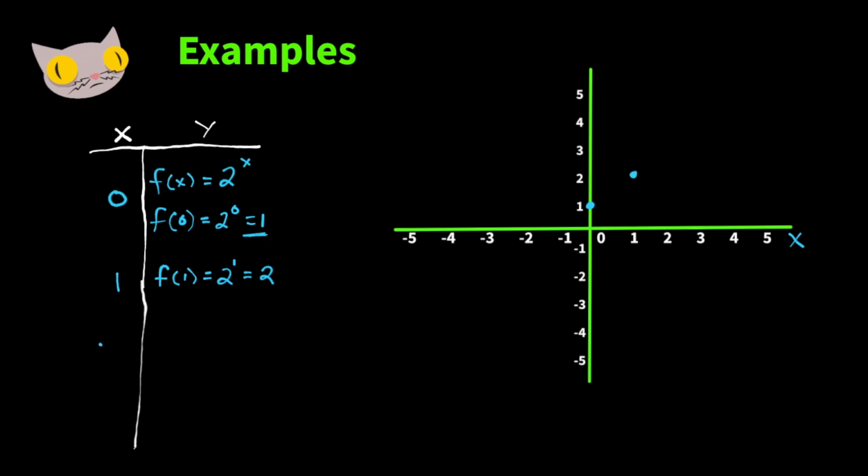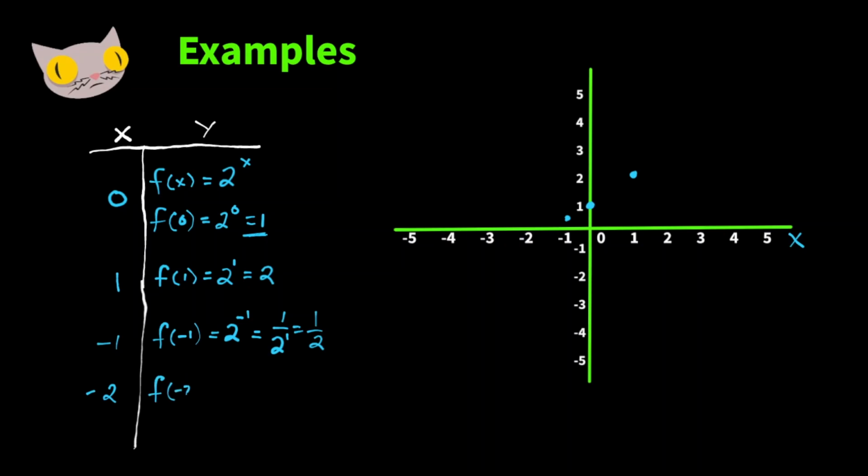Next, let's set x to -1. So we have f of -1. That gives us 2 to the negative first power, which is equal to 1 over 2 to the first power. And that gives us 1/2. So at x is -1, we go up 1/2. So that's about here. And we'll do -2. We'll find one more point.